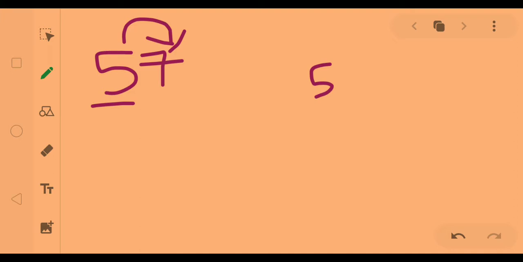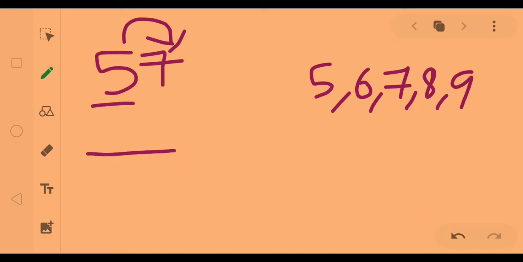If the digits are 5, 6, 7, 8 and 9, we add 1 to the underlined place, which is the tens place. So 5 plus 1 is 6, and the previous place digit turns to 0. So 57 is rounded up to 60.